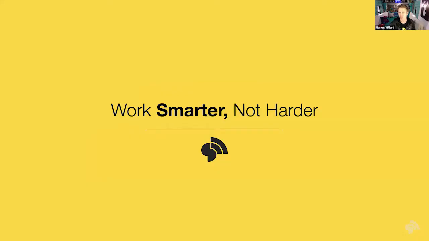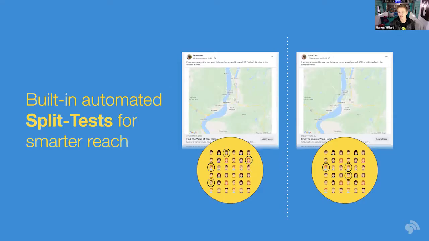That being said, we want to make sure you're working smarter, not harder. A key to what makes Streettext so successful is something unique called the split test. The split test is the most important takeaway I've ever seen for finding a strong performing ad on Facebook, especially given the 15-mile minimum radius.